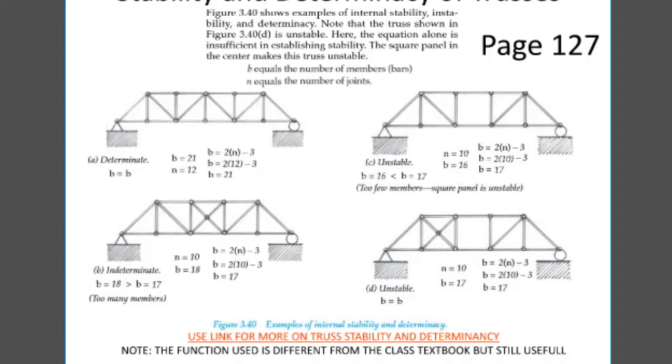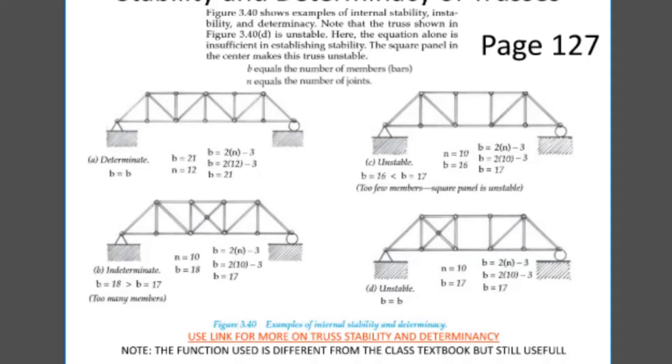In image C, we find that the number of members is equal to 16 and 2n minus 3 is equal to 17. In this example, the truss is unstable. In image B, where the number of members or bars is equal to 18, which is greater than 2n minus 3, which is equal to 17, based off of the formula, we find that the truss is indeterminate.